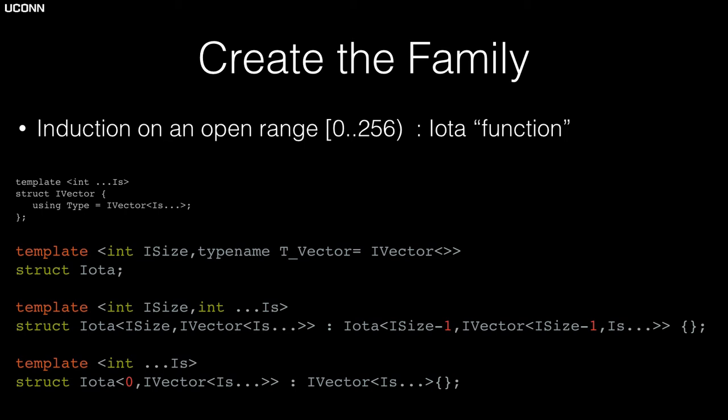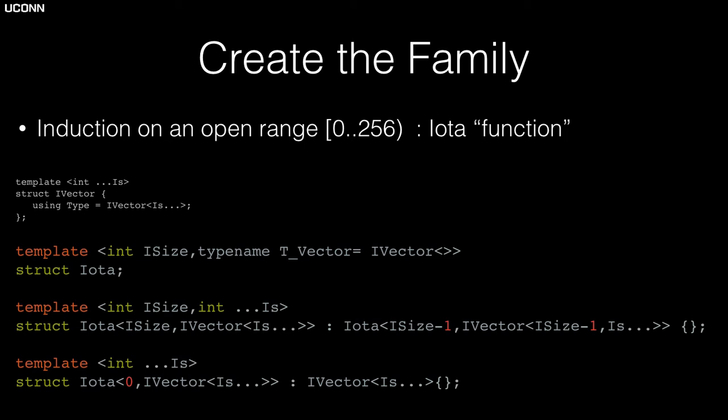So if I start with iota 256, iota 256 inherits from iota 255, and it contains an I vector that starts with 255, and whatever parameter pack you gave me. Now, if I started with the empty parameter pack, it's 255 followed by the empty parameter pack.